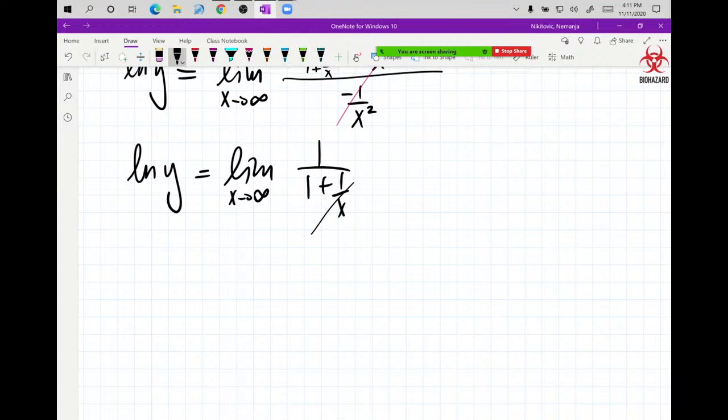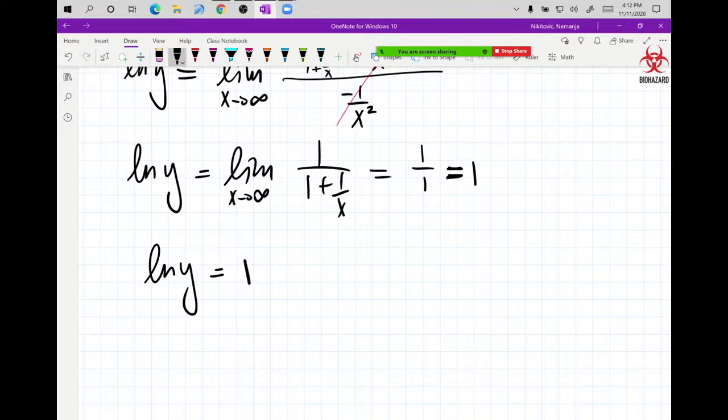Now, when you plug infinity here, it's going to go to 0. So the whole thing is equal to just 1. Actually, I can write a step of 1 divided by 1, which is 1. There we go. So you got that ln y is equal to 1. Now remember, y was your entire limit.